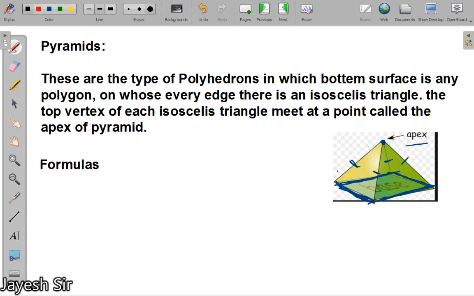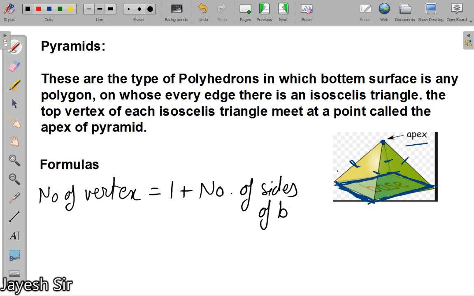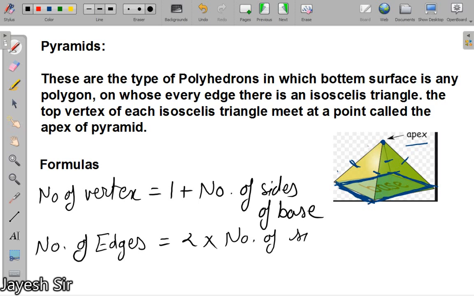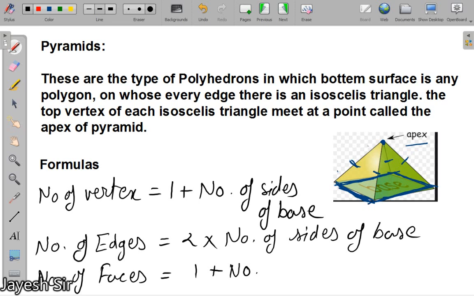Formulas are: for a pyramid, number of vertices is equal to 1 plus number of sides of base, number of edges is equal to 2 into number of sides of base, and lastly number of faces is equal to 1 plus number of sides of base.